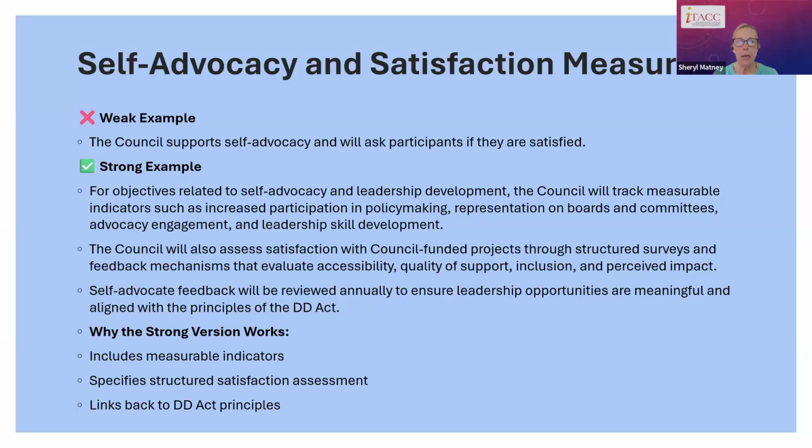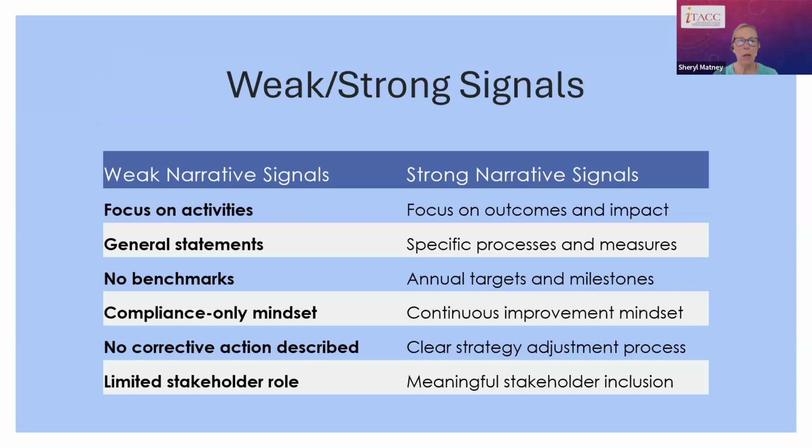What's next, Amy? Okay, so we did find a little list of weak and strong signals. Weaker things are just focusing on activities, things like general statements, no reference to benchmarks, only referencing what is required by compliance.